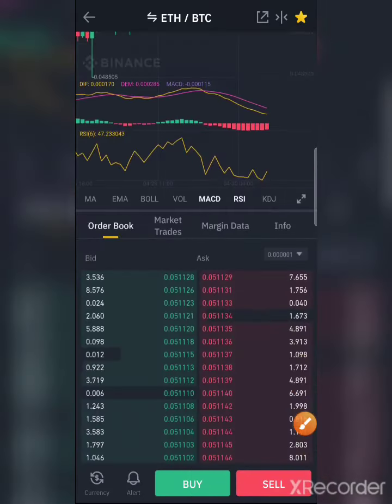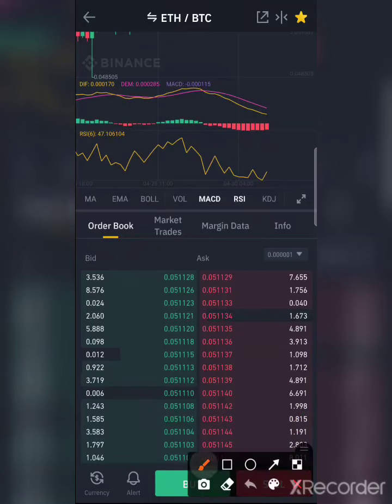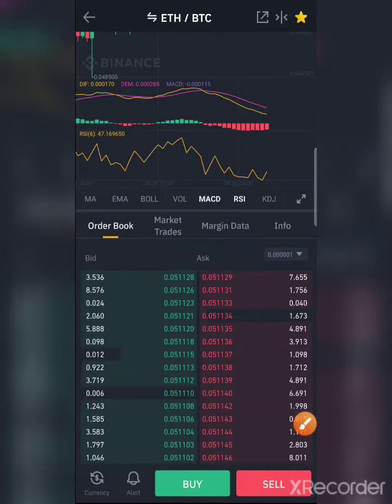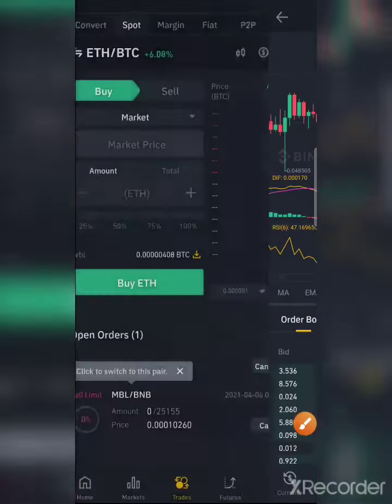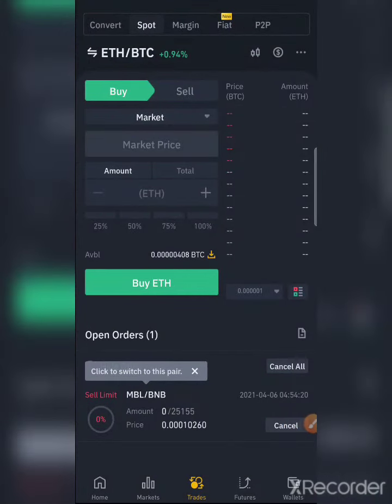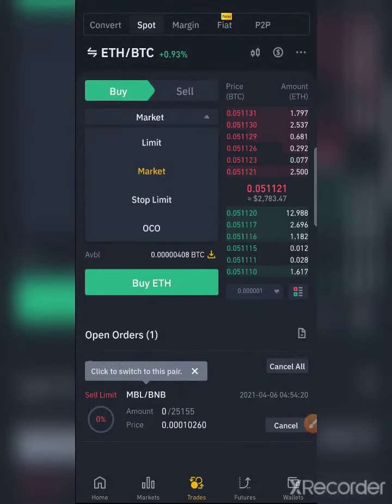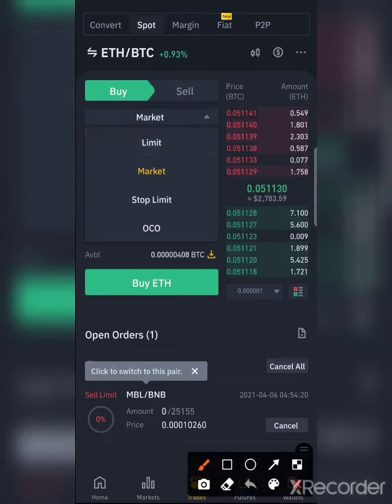So let's say we want to place this trade, using BTC to buy Ethereum. Let's assume that now. Okay, we click on the buy icon. When we click, we come here, we click on order. These are the several orders we have, so it is your choice to make.